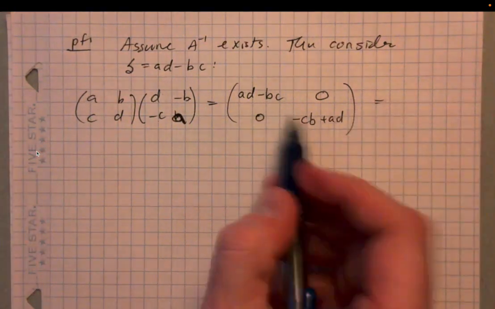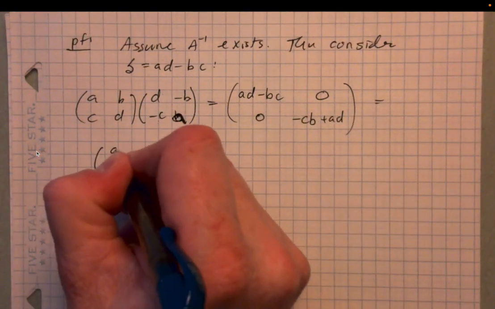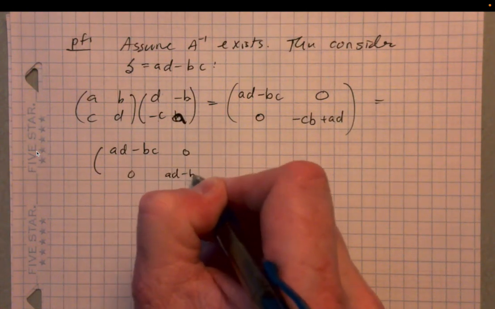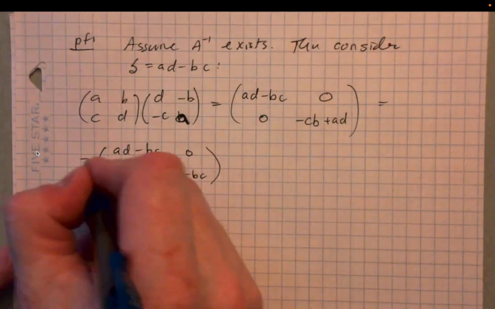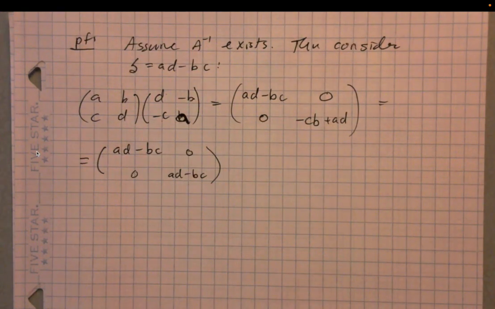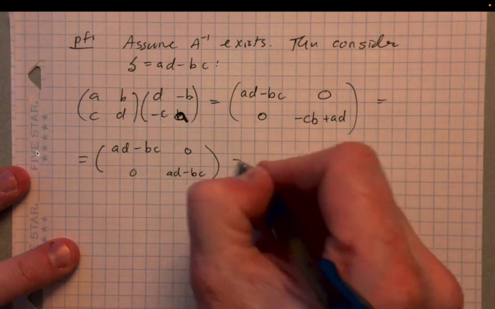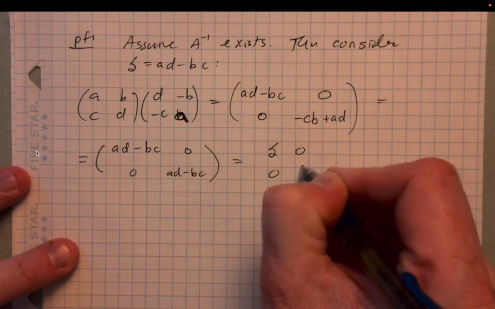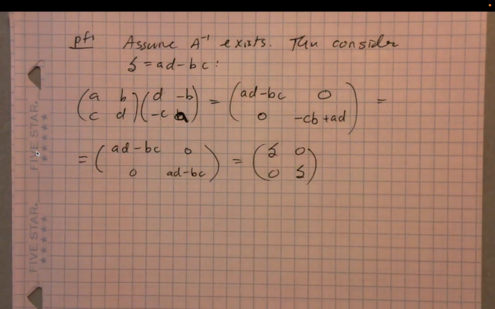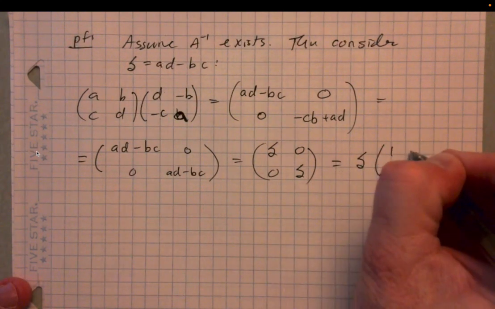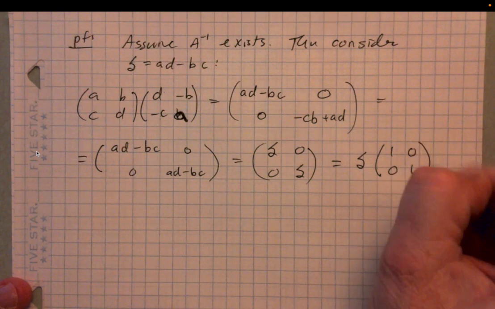That's just a little out of order, so let's rewrite it in order, and you'll see that I get this when I multiply those together. Notice this is just delta. So I get delta, 0, 0, delta. And I can think of that as just delta times 1, 0, 0, 1.